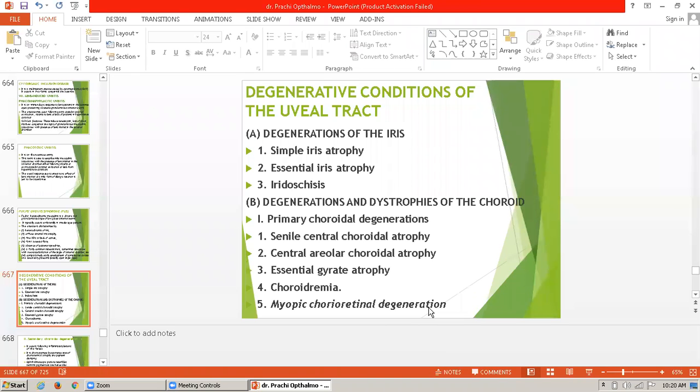Then the degenerative conditions of the uveal tract. The degeneration of the iris, in that there is a simple iris atrophy, essential iris atrophy, and iridoschisis.